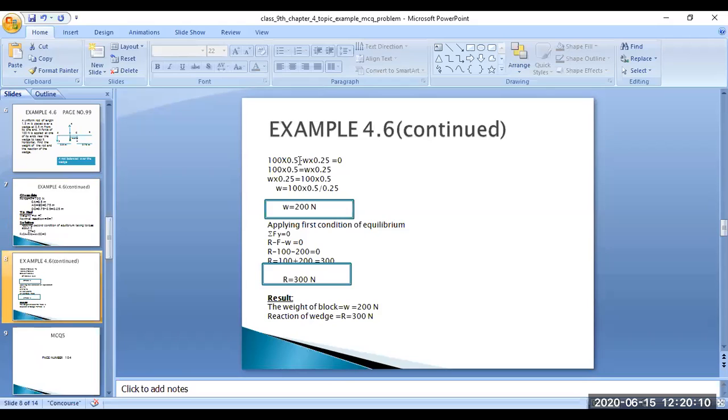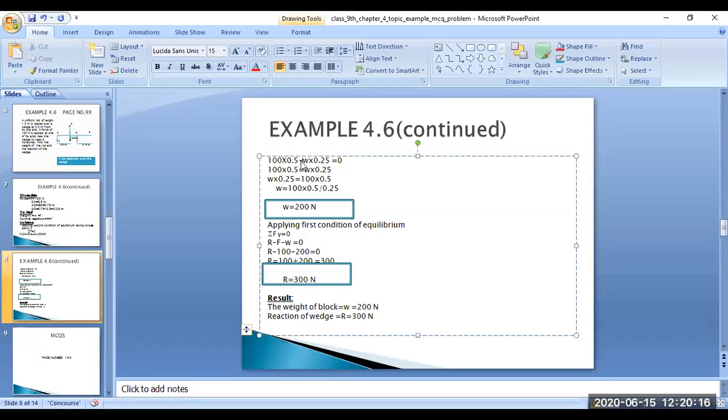Now if I put the values in the formula, the force is given to be 100 Newton multiplied by the OA distance, which is 0.5.